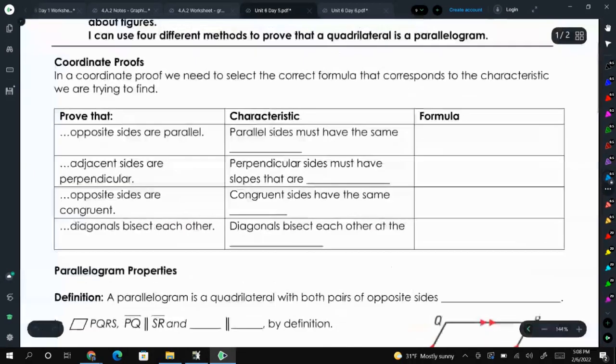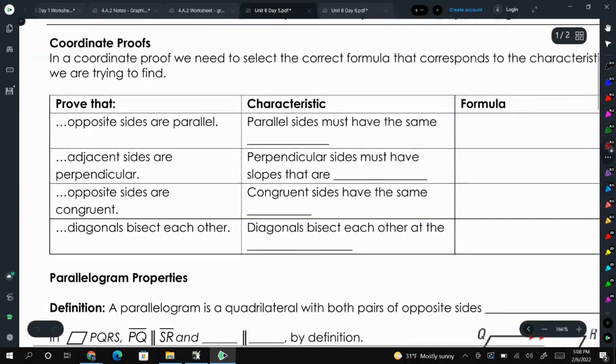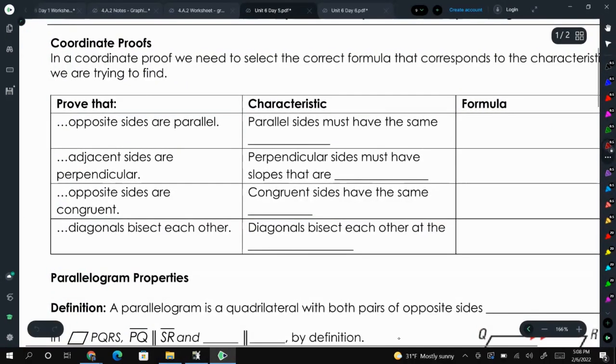So remember that in a parallelogram, opposite sides are parallel, so that means that parallel sides must have the same slope. If we're trying to figure out if sides are parallel, we want to use a slope formula. Remember that is m equals y2 minus y1 over x2 minus x1.